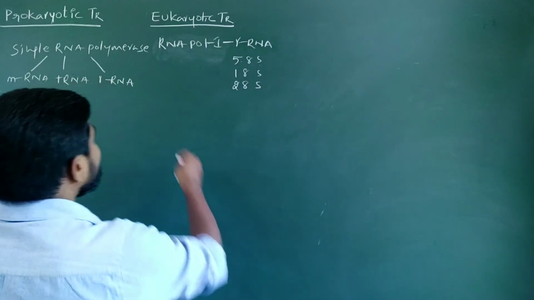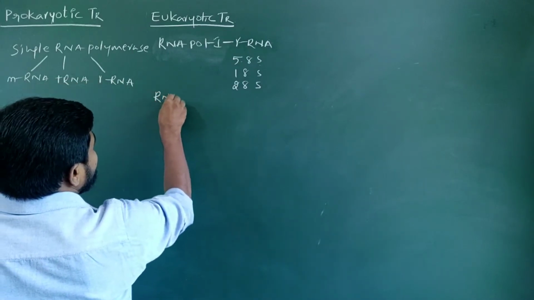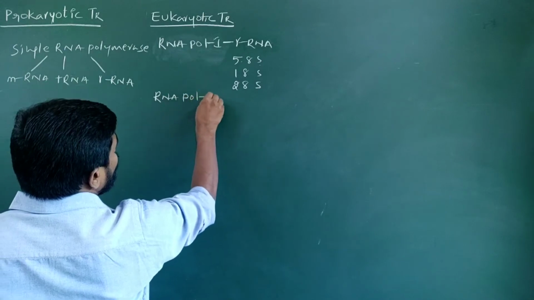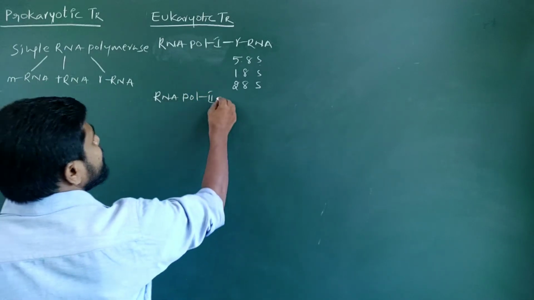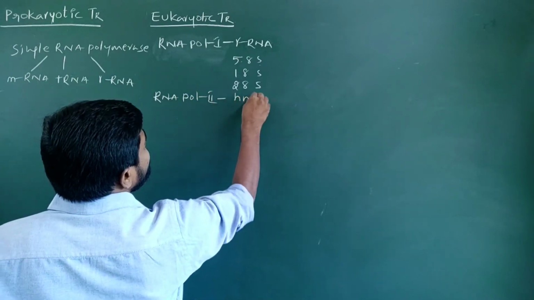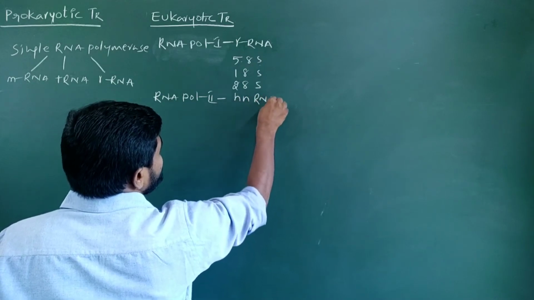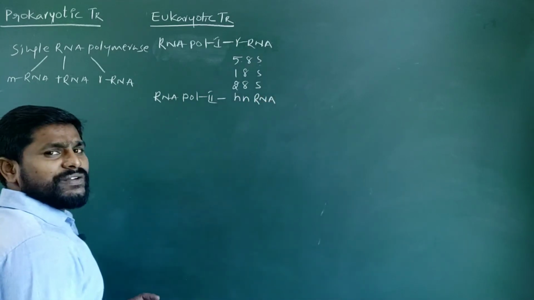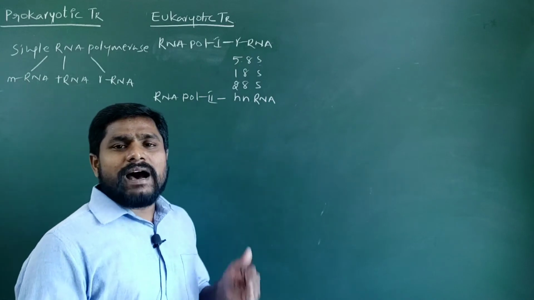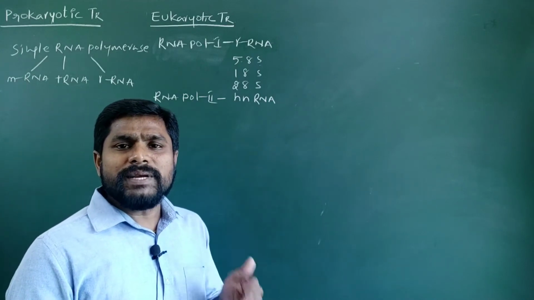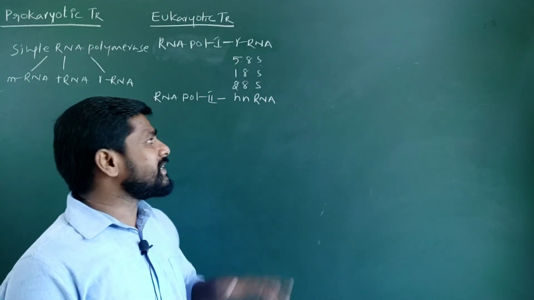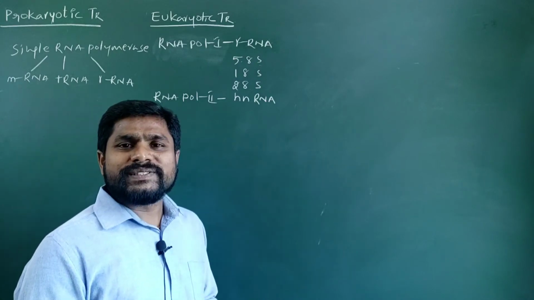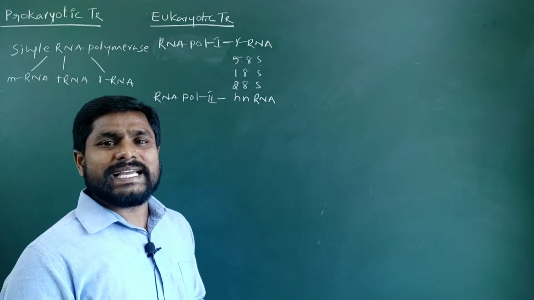And the second type of RNA polymerase is RNA pol 2, which transcribes heterogeneous nuclear RNA. This heterogeneous nuclear RNA is the RNA molecule formed immediately after transcription, and it consists of coding regions, exons, and non-coding regions, introns.